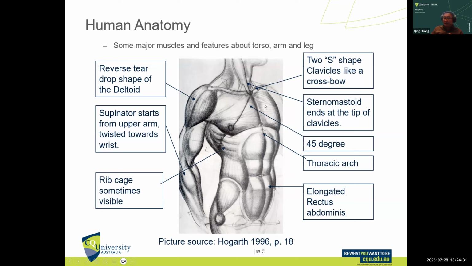So these are some of the features I learned a lot from the book, and the good thing is the author Hogarth summarized them for you already, so you can directly use his insight to help you understand the shape and construct the shape more vividly.